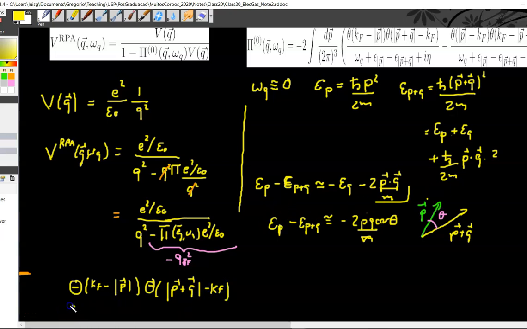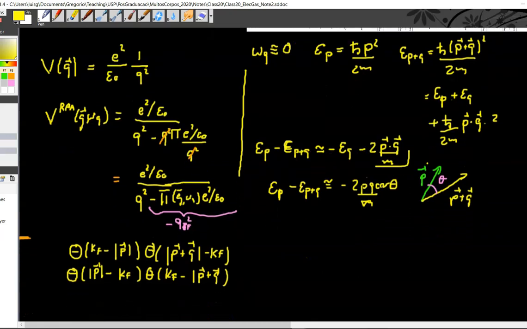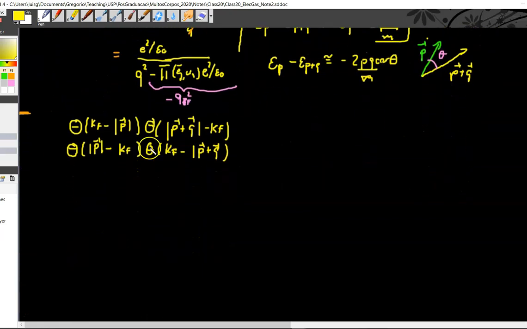And the other one I have is the inverse: theta of P minus kF, theta of kF minus P plus Q. So let me look at these two. Let me call this 1 and this 2. In the first one, I have a situation like that.